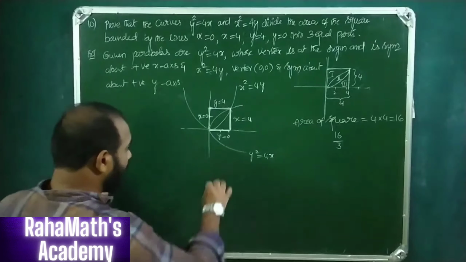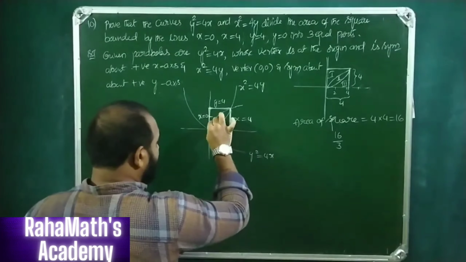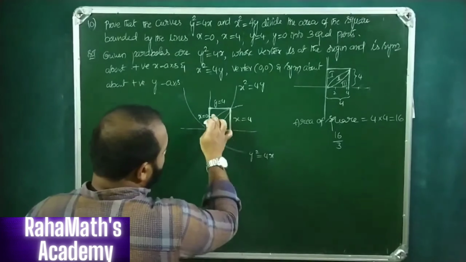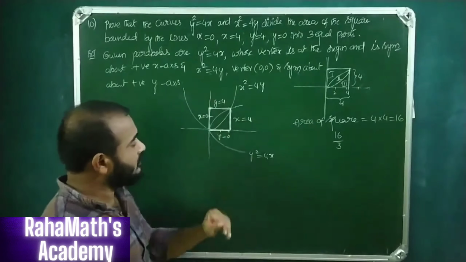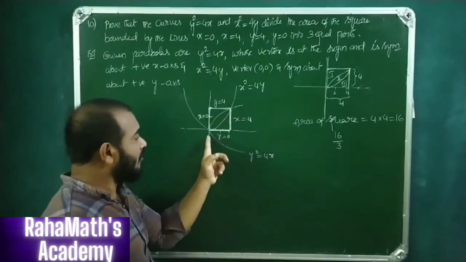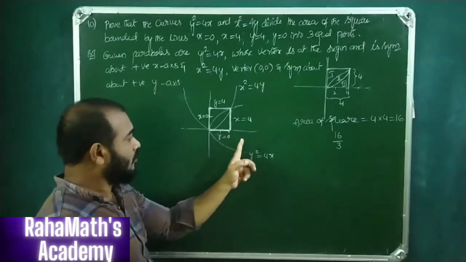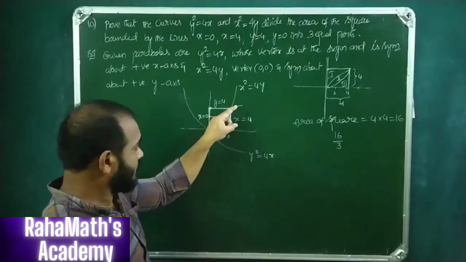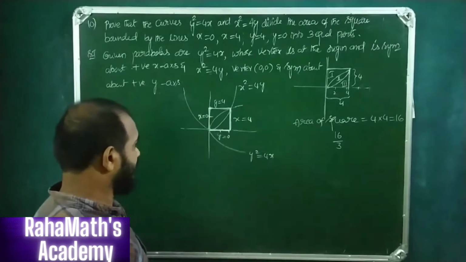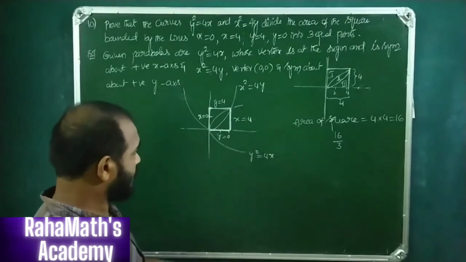Now, here there are totally 1, 2, 3 parts. It is divided into 3 parts. Since this is the area of the square, this is 4 and this is 4, so 4 4s are 16. Since it is divided into 3 equal parts, each should be 16 by 3, 16 by 3, 16 by 3.